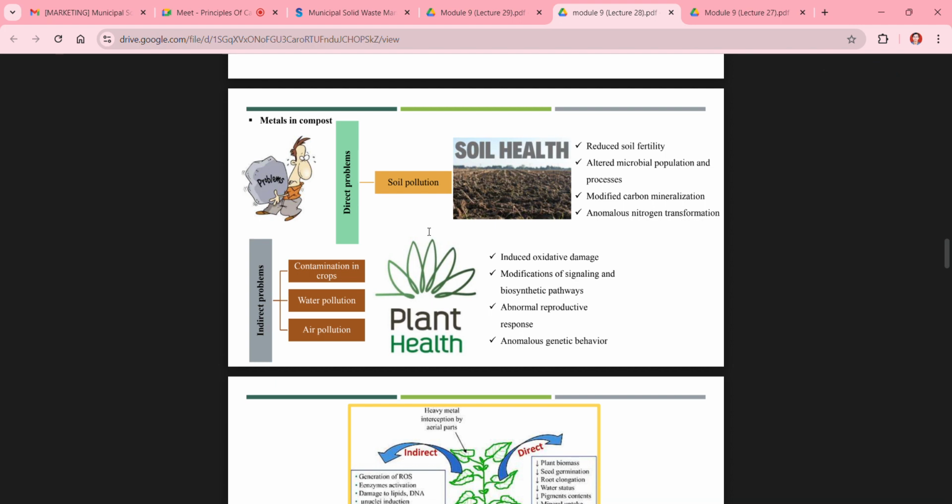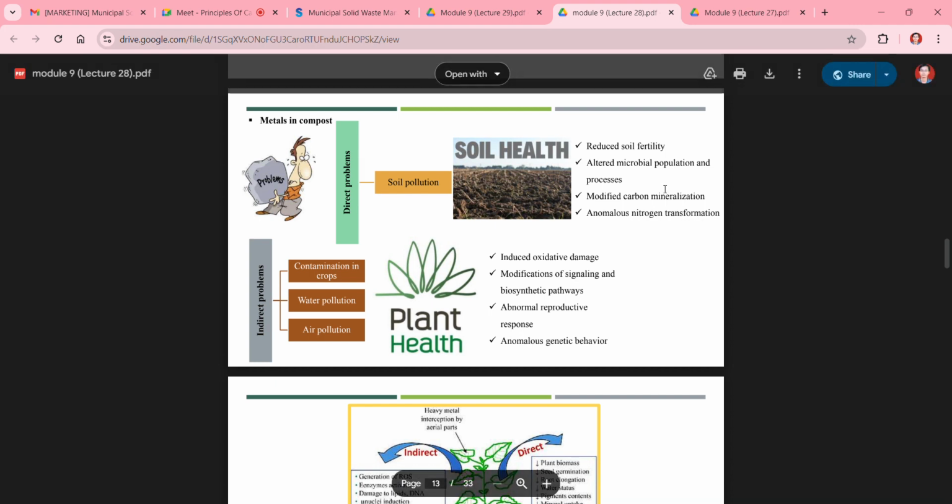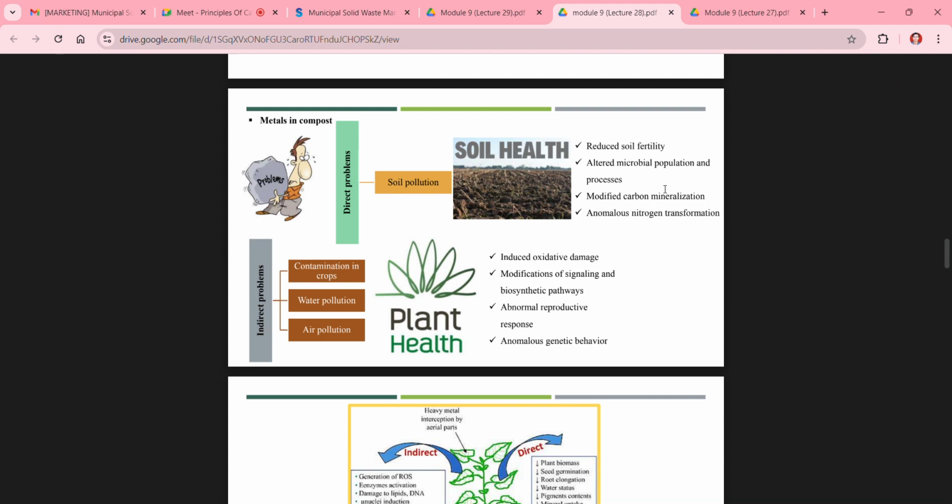in this compost material? Some metal contents like iron, if the amount of iron is on the higher side in the compost material, that is going to reduce the soil fertility, and it will alter microbial population and processes. It can modify carbon mineralization, and nitrogen transformation will also be affected.